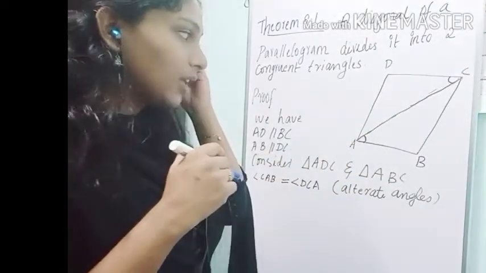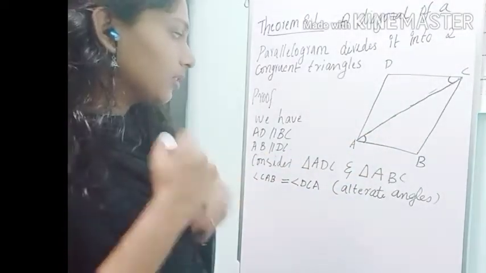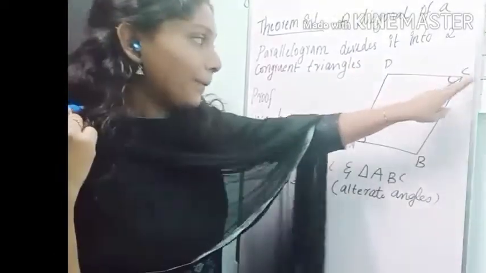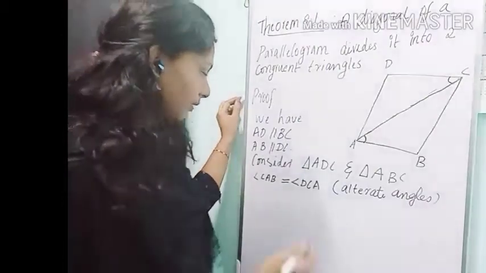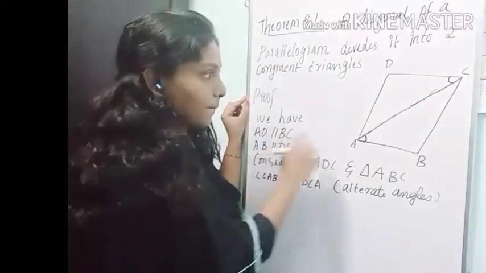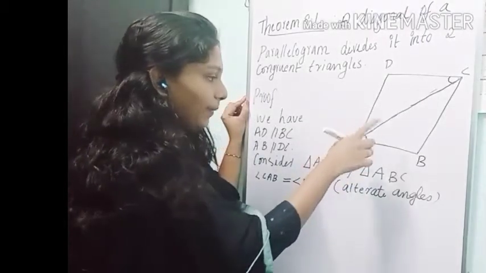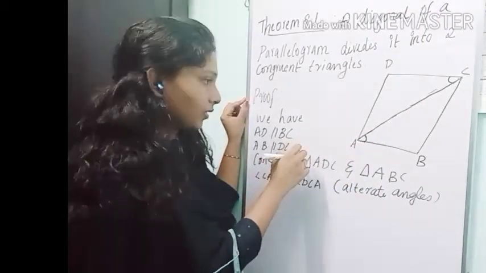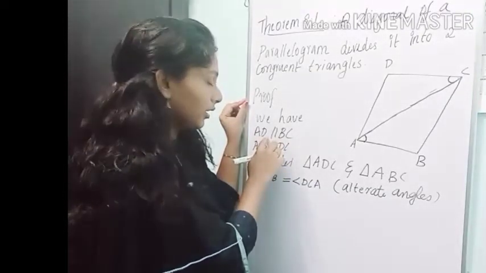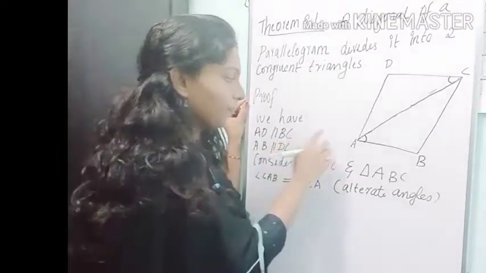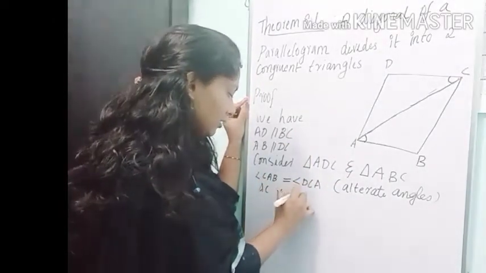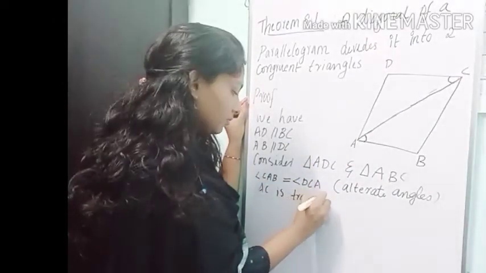And what about the other side? The side AD is parallel to BC. AD parallel to BC, and AC is a transversal line.